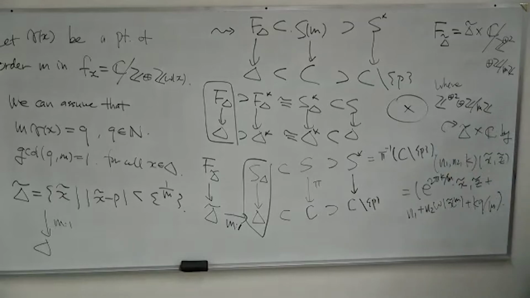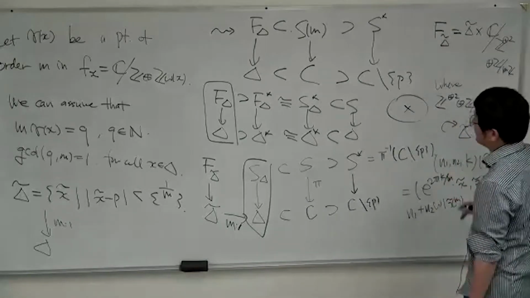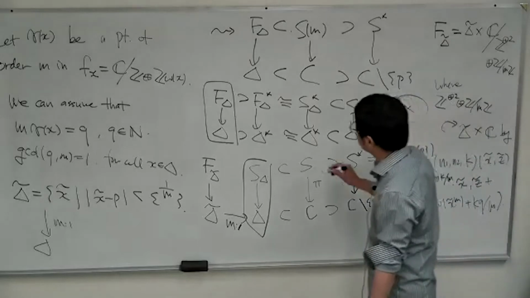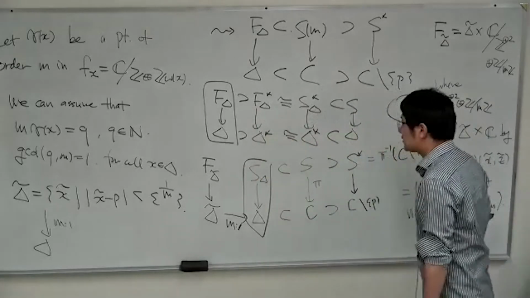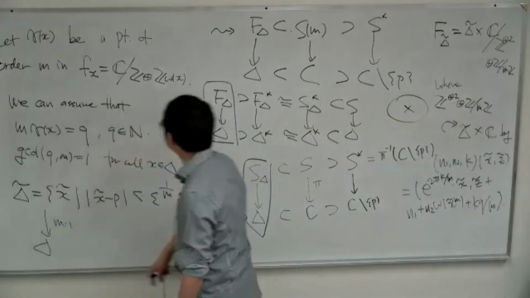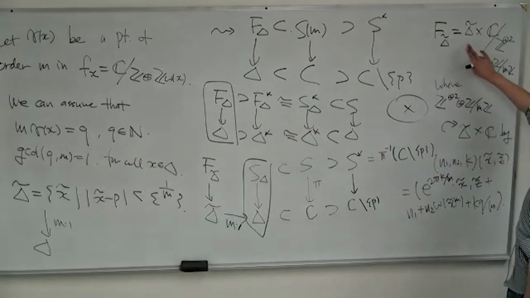So, sorry, I'm writing a little confusing notation. Let me go back. I consider this M2 cover over this delta, and then I define this F delta tilde in this way.